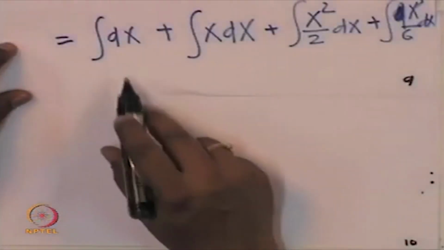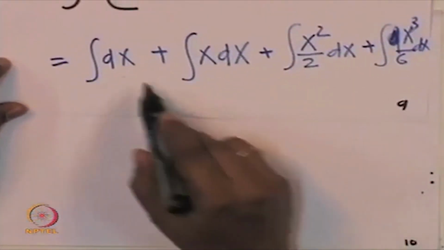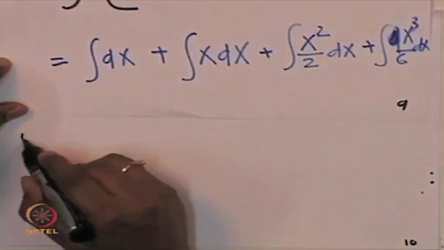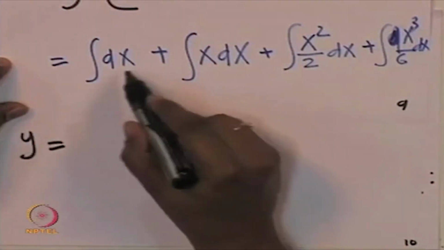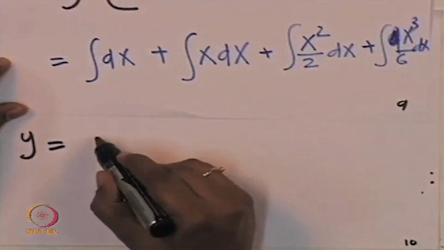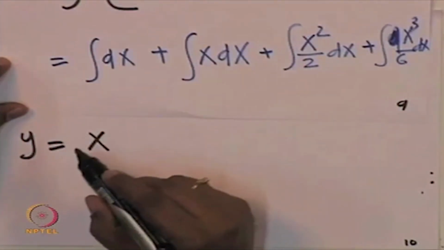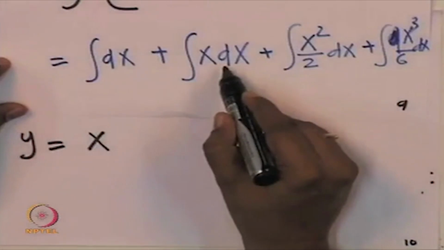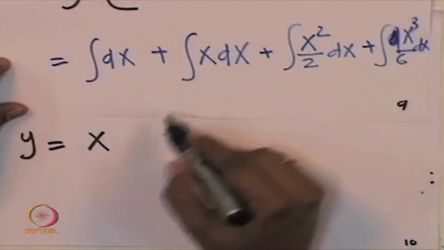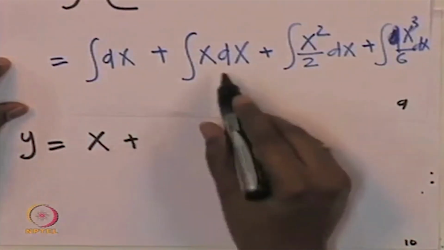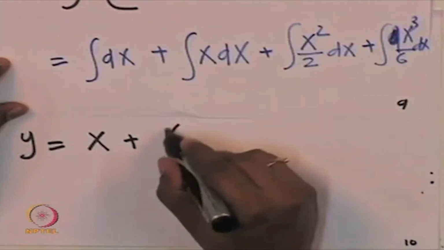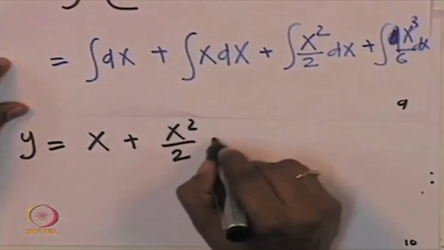So, let us look at this. Basically you want y equal to the integral of the previous result, dx. The integral of x dx is x square by 2.